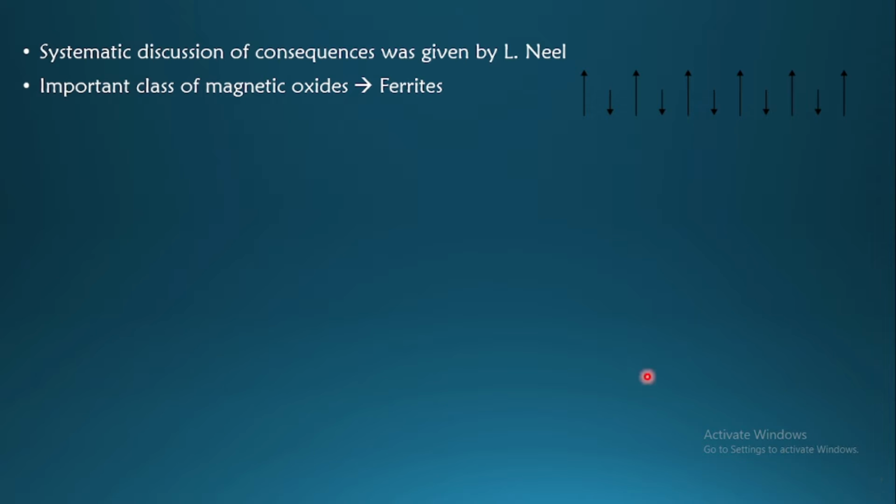So clearly we can say that ferrimagnets are called ferrites, and these are mainly magnetic oxides. So there is a requirement of oxygen atoms if you are dealing with ferrites. And ferrimagnetism has the same physical origin as ferromagnetism and antiferromagnetism.